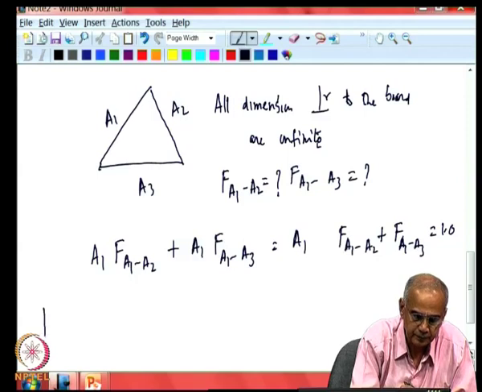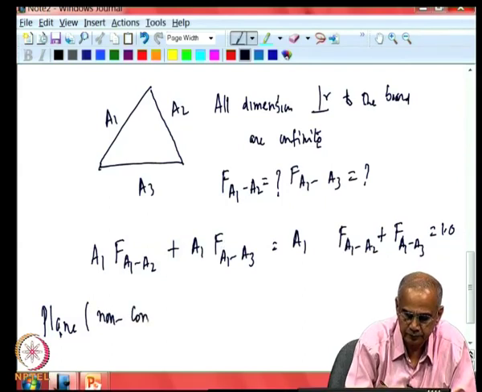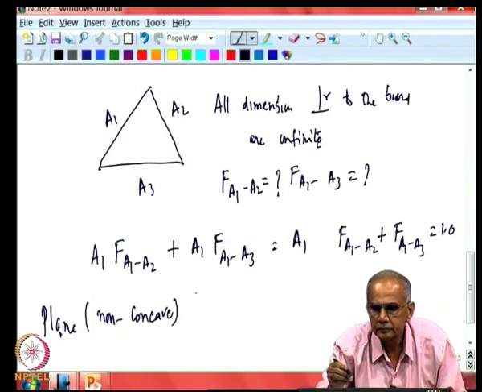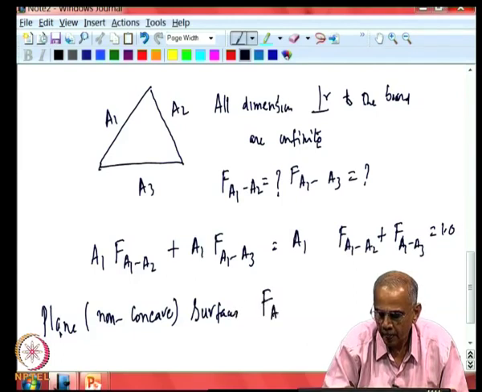So, for a plane surface, that is, which is not concave, F A1 A1 is 0.